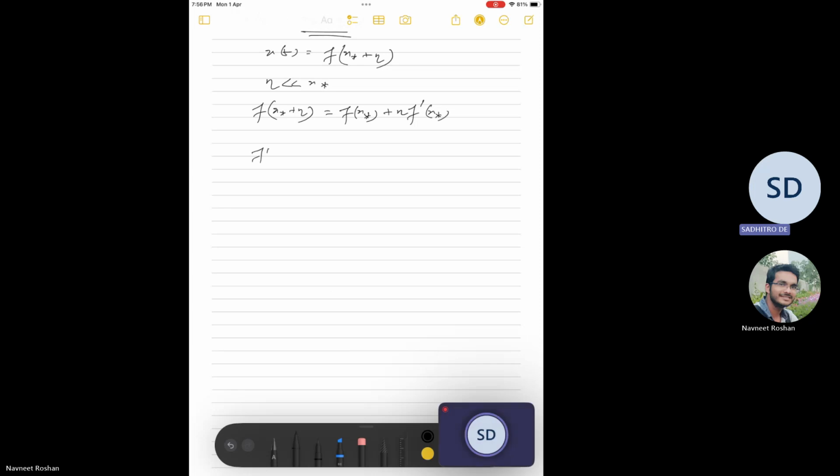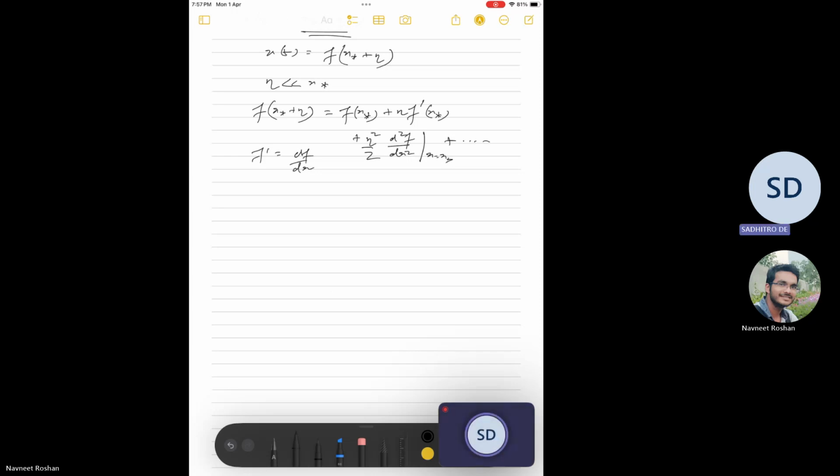When I say f dashed, I basically mean df dx, plus eta square d2f dx square at x equal to x star, plus higher order terms, eta cube and so on. So we can basically make this Taylor series expansion.